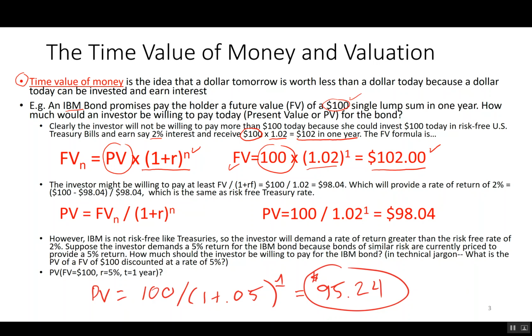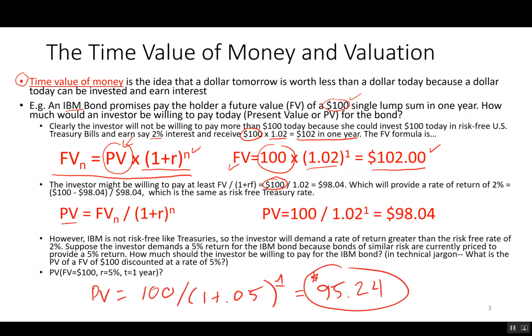Now let's go back to our IBM bond example. If the bond is going to pay $100 in 1 year, we could rearrange the future value of a lump sum payment formula, lump sum meaning a single payment, and solve it for present value.